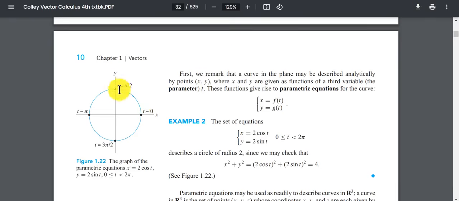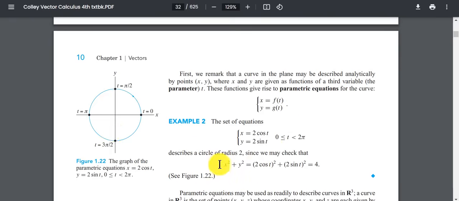Anyway, this is a circle. Now, of course, most of us know what the equation of a circle is. For example, if this was a circle of radius 2, so this length was 2, then I think most of us know that the equation for this is x squared plus y squared equals 4, right?